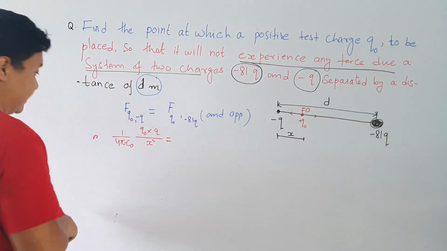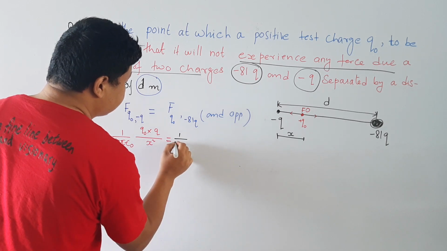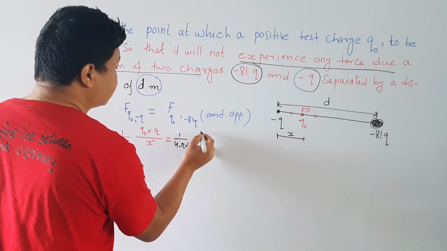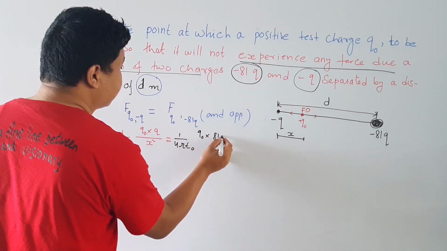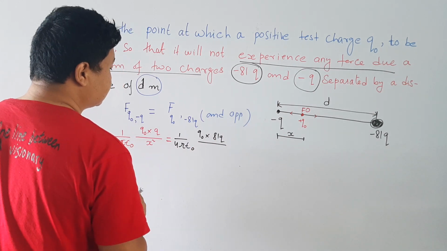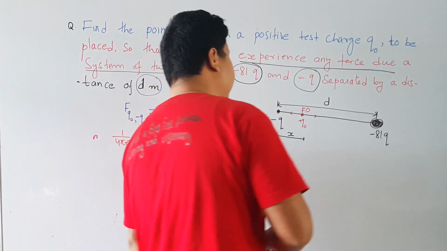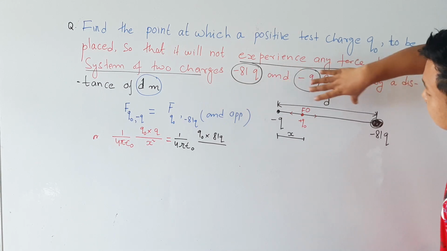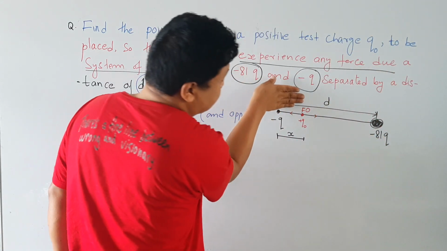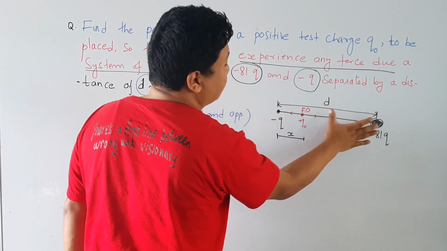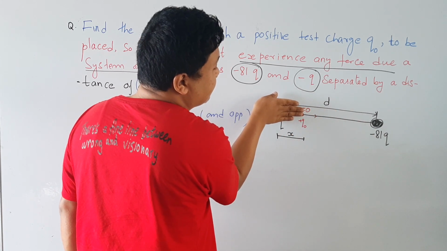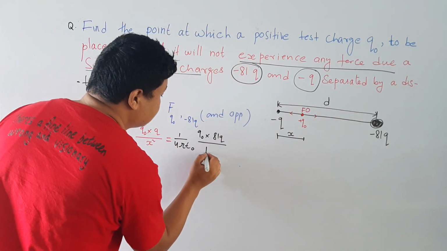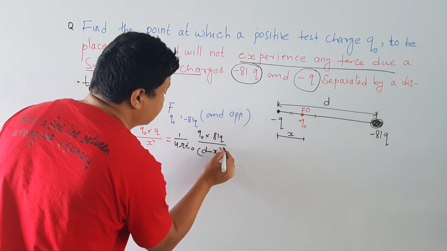This will be equal to 1 by 4 pi epsilon naught, q0 into 81q, divided by the distance between this charge and this charge. You take the whole distance d and subtract this distance x, so you get d minus x. So this is d minus x whole square.